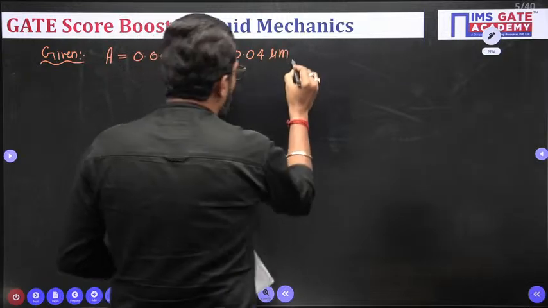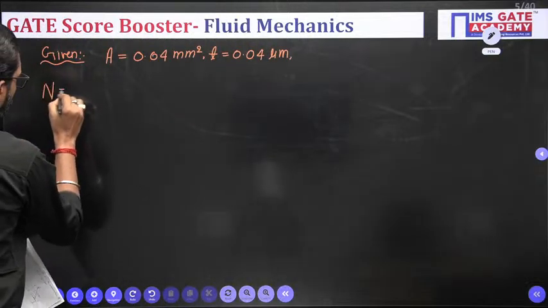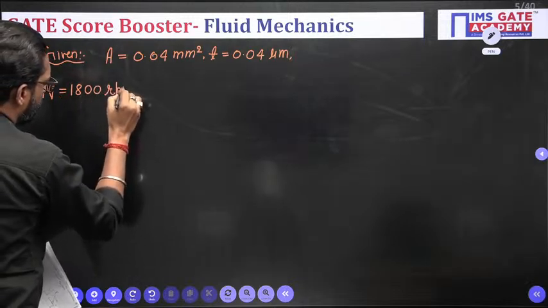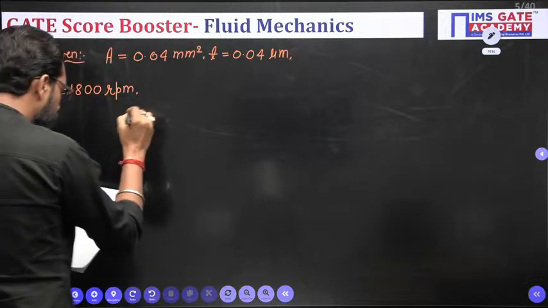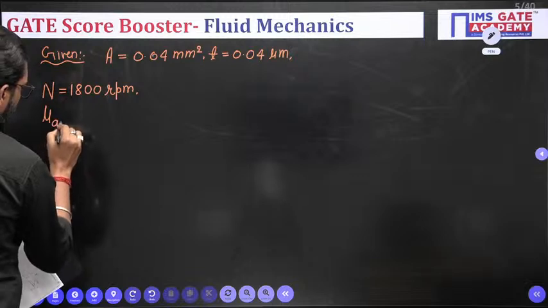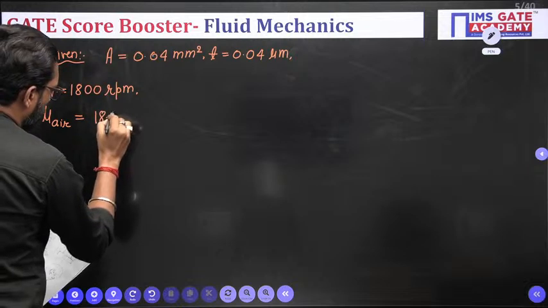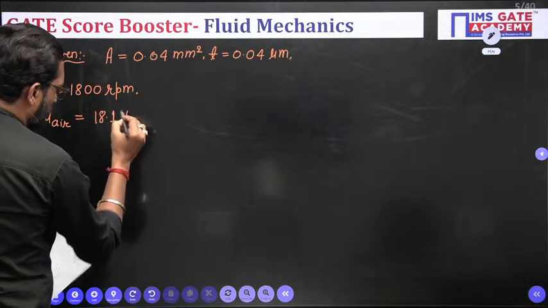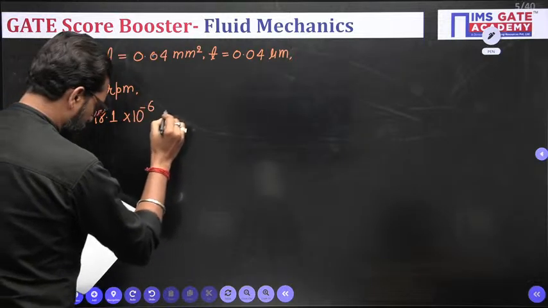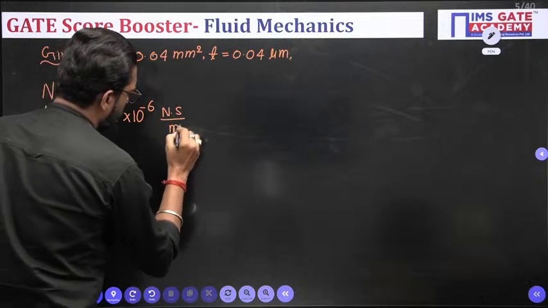The disc is rotating at 1800 RPM, and the viscosity of air is given as 18.1 times 10 to the power -6 Newton second per meter square.